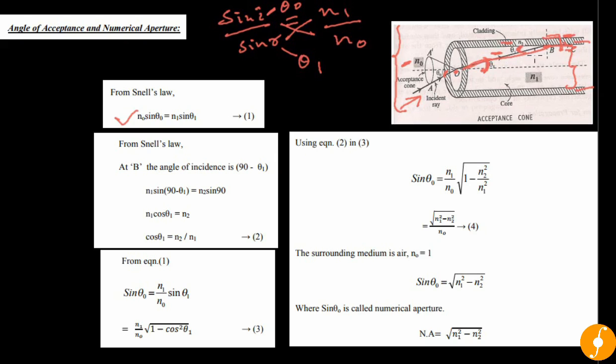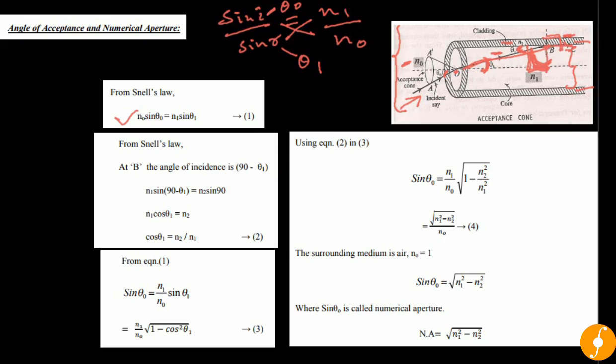We don't know the value of this angle, but we know that this whole is 90 degrees and this is theta 1. So this will be 90 minus theta 1.